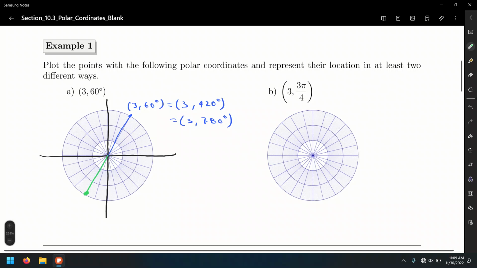However, in this case, what's the angle between the polar axis and the location here? In this case, this is the angle 240 degrees. However, we can modify the radius in a way that it takes us back to the point we were at. In this case, it's still 3 units.